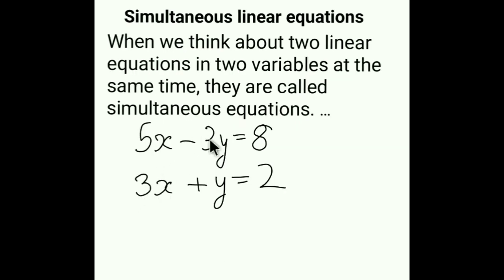Now if we solve these two equations together, we will get the values of x and y. Such equations, when they are solved together, that is simultaneously, are called simultaneous equations.